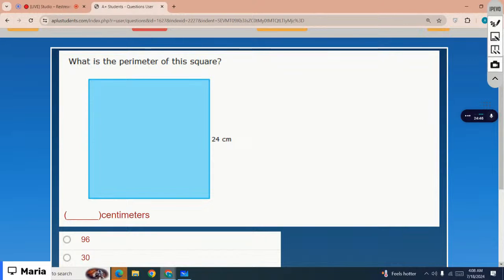The correct option is 96, option number 1 is the correct option.